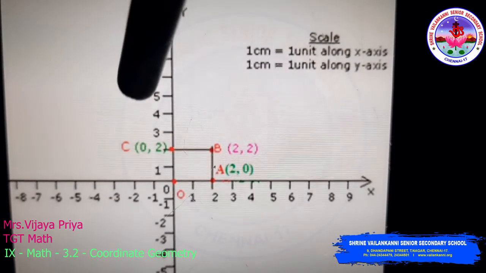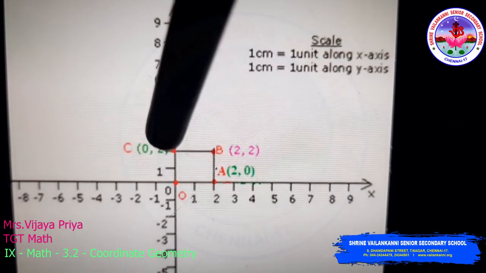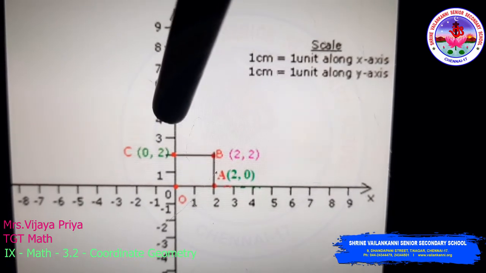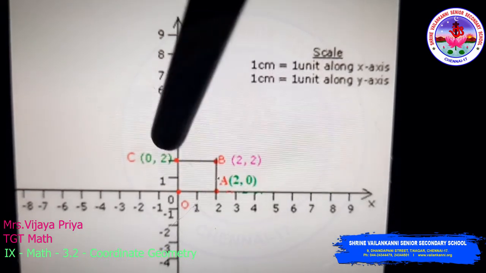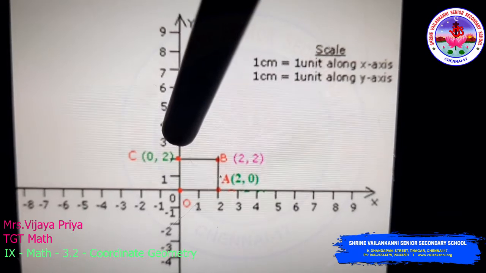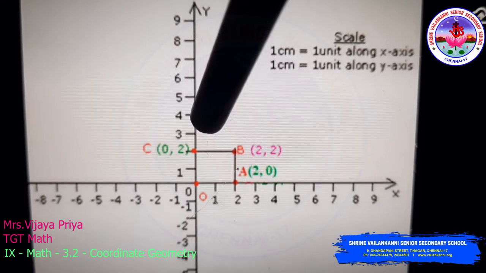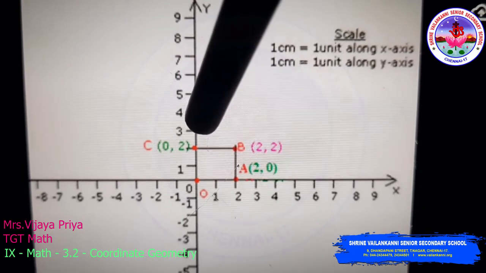Since my x-axis is 0 here, this coordinate (0, 2) will be lying on the y-axis. So my point (0, 2) will be lying on the positive line of the y-axis. So I am plotting the point here as (0, 2).